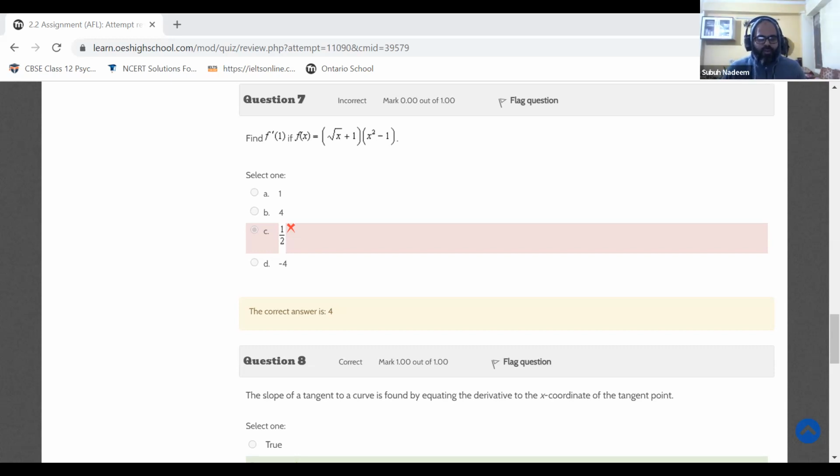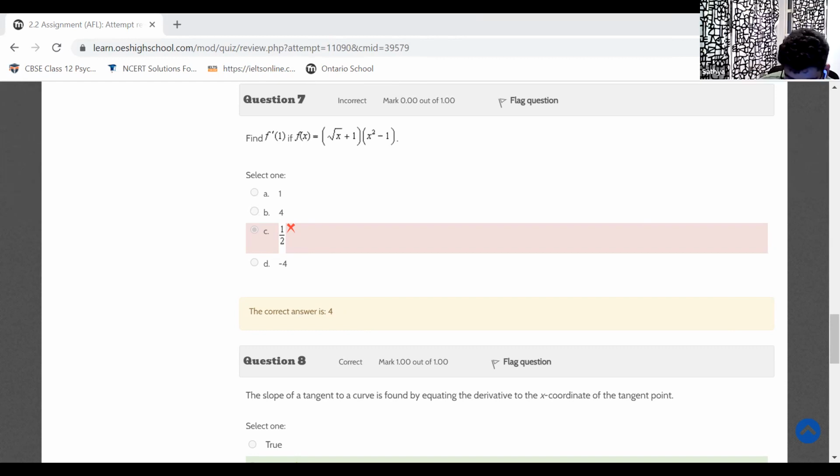So that'll be 2 into 1 raised to the power 3 by 2. So 1 to the power anything is 1, so it is simply 2.